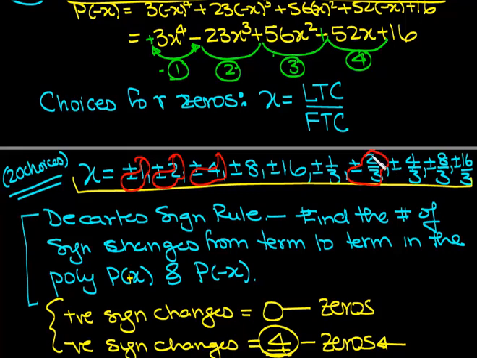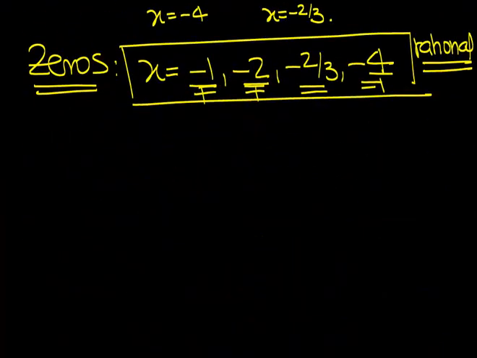They were all there. If the zero happens to be rational, it's going to come out of that list that we created. If it's not rational, then obviously it's not going to come out of that list.